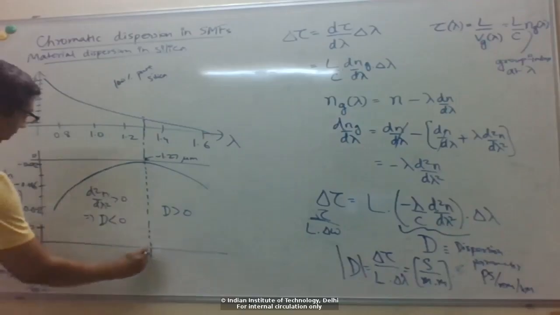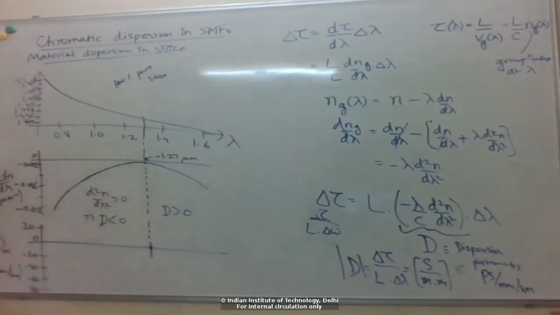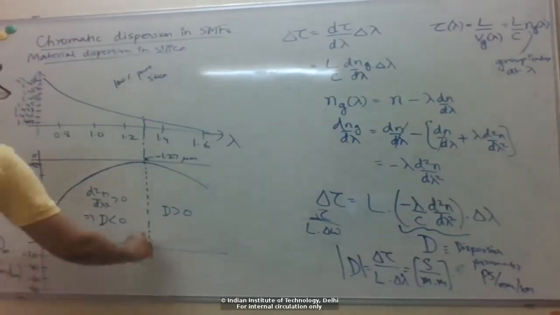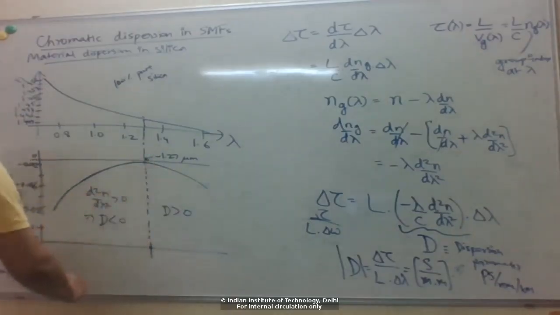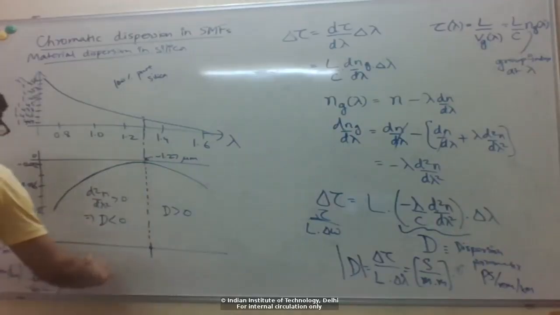So D will cross 0 at this wavelength, and it's negative here. It looks something like this.